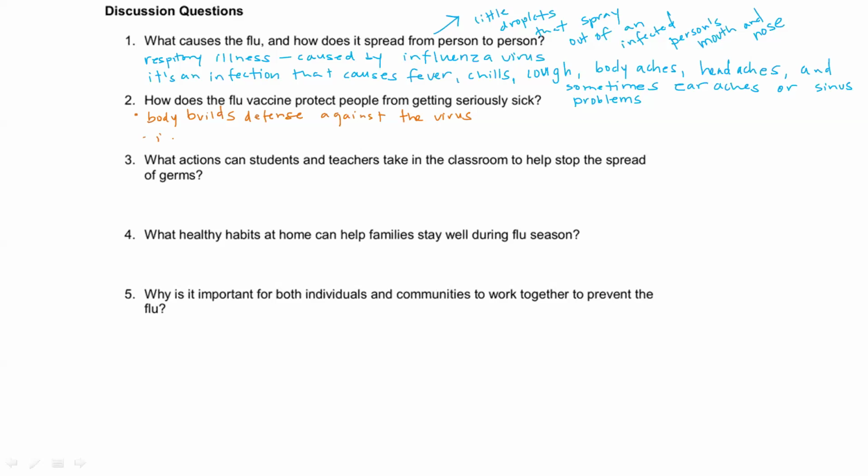And the immune system recognizes and fights. What actions, oh, let's see, someone in the chat put something. The flu vaccine protects people by having the virus get around in little, okay.